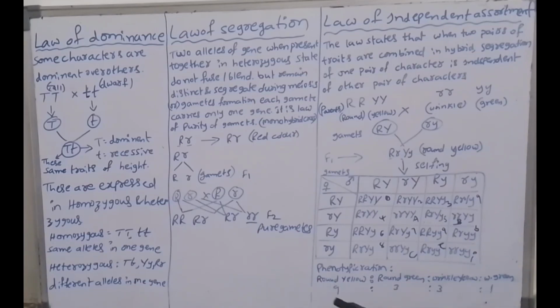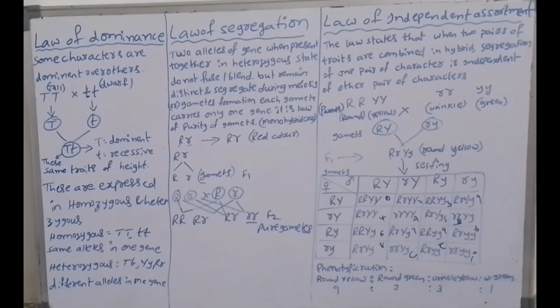is 9:3:3:1. Round yellow means capital R, capital Y, repeated across nine plants. So total 9.